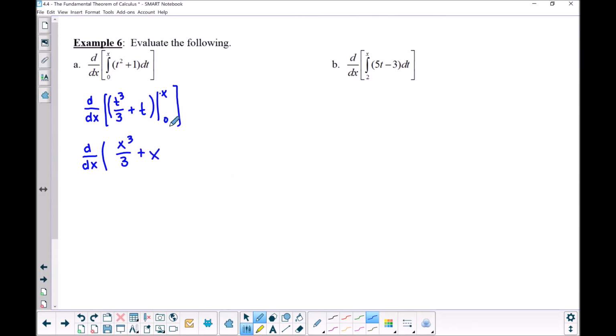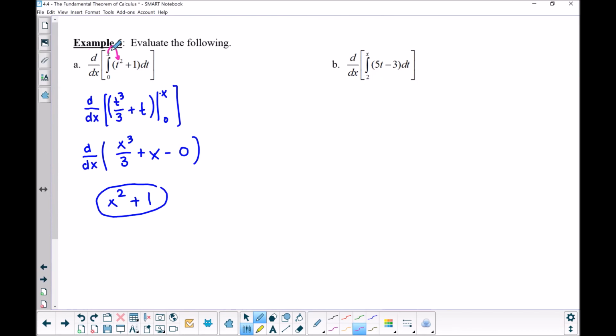We see our best friend is here. And then we take the derivative of what's left. The derivative of x cubed over 3 is x squared, right? Is that agreeable? x squared. The derivative of x is 1, and boom, you have your answer. But do you all see that we could have had that answer much faster if we just replaced the t's with x? It's that simple.